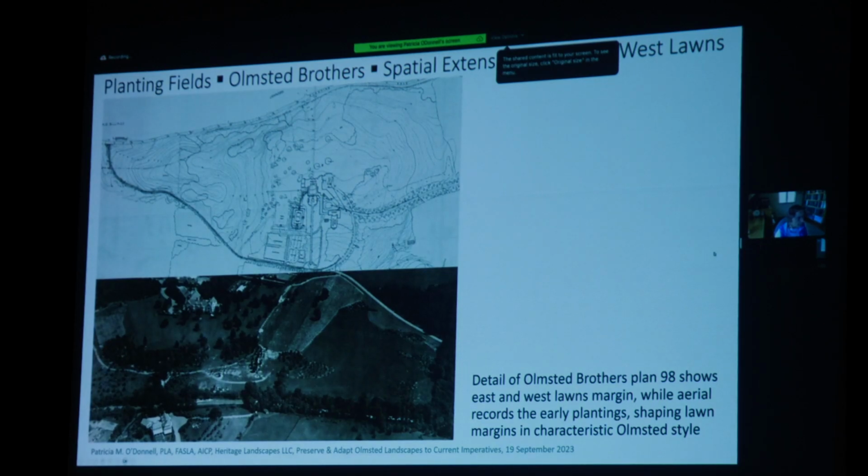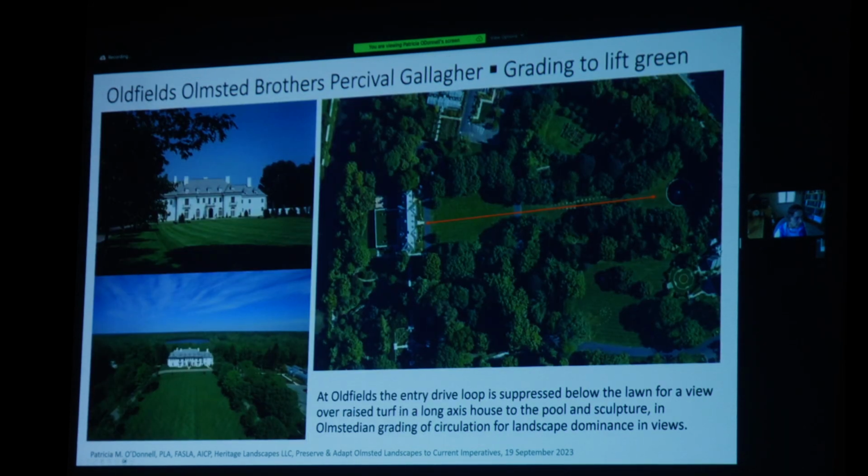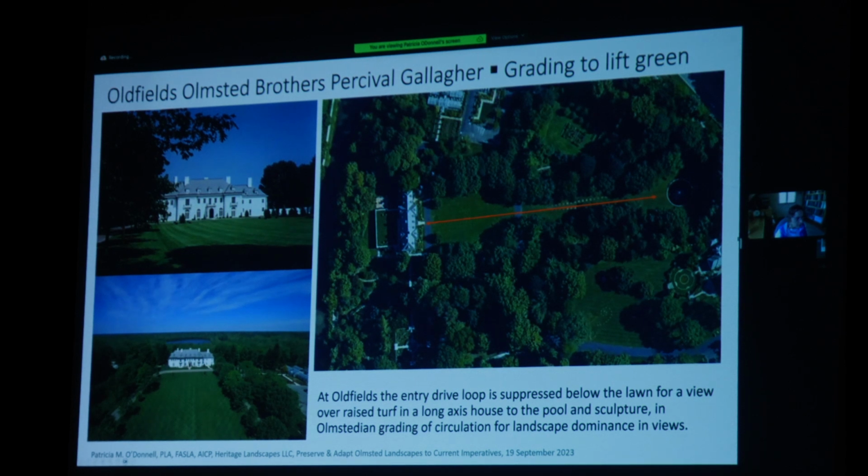At Oldfields, the Olmsted brothers, Percival Gallagher as the principal, used grading to lift the green lawns and drop the drives. The entry drive loop is suppressed below the lawn so that the view over the raised turf continues along the long axis to the sculpture and pool.